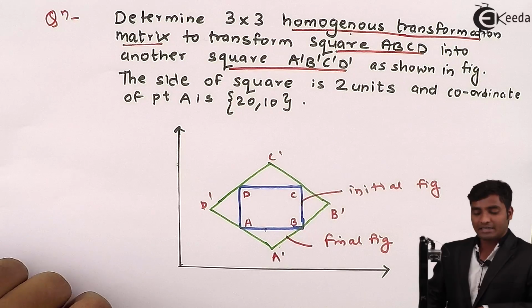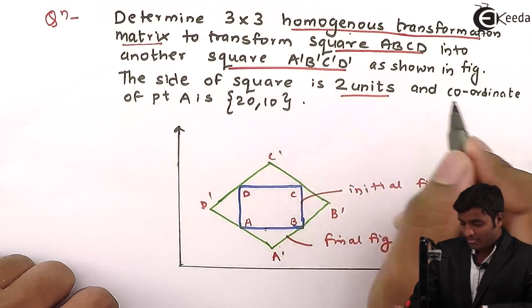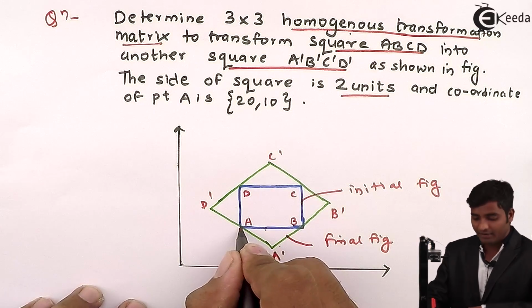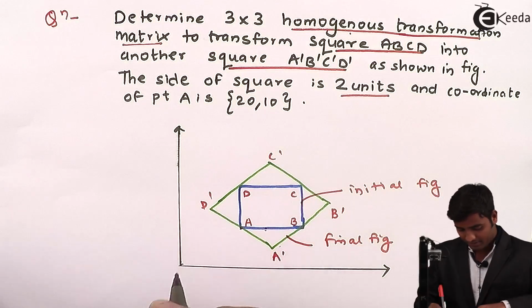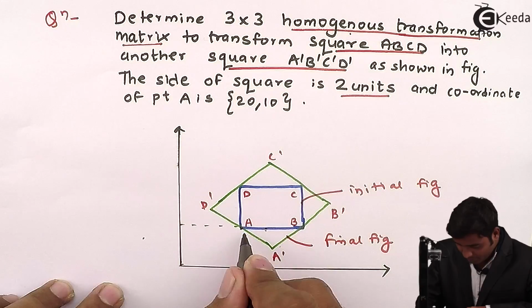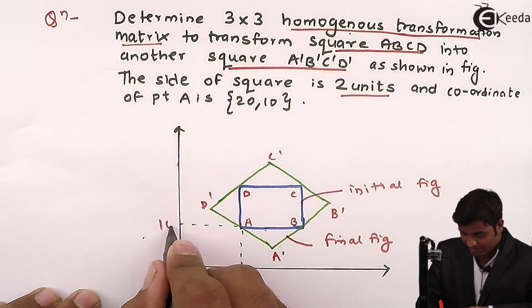And some data has been given, that is the side of the square is 2 units and the coordinate of point A is given as 20, 10.